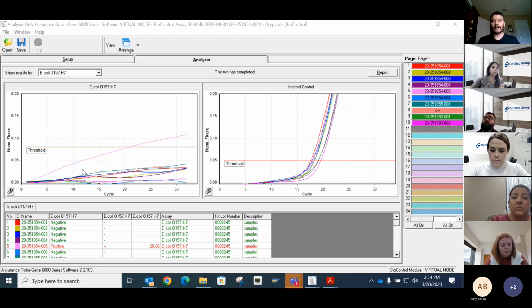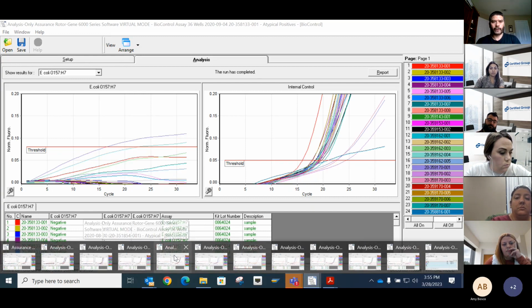And that's what I meant earlier when I said we don't really have a great explanation for this, because you can reanalyze those samples, and that background fluorescence is not going to cause that to happen again. I don't believe I've ever seen a sample where you get an invalid positive result and then you rerun it and it also provides an invalid result. I've seen no amps occur on the same sample, but never have I seen invalid positives like this occur in back-to-back runs on the exact same sample.